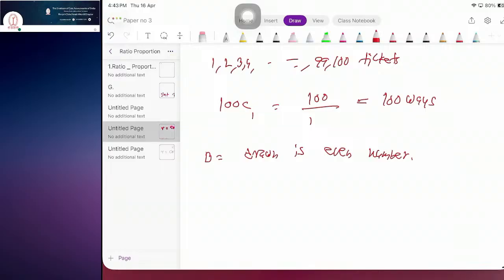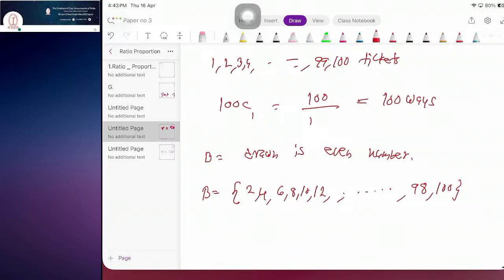Okay, so let's find out the sample points. How many tickets will you get? Maybe ticket number 2 or ticket number 4, 6, 8, 10, 12 and so on up to ticket number 98 or ticket number 100.